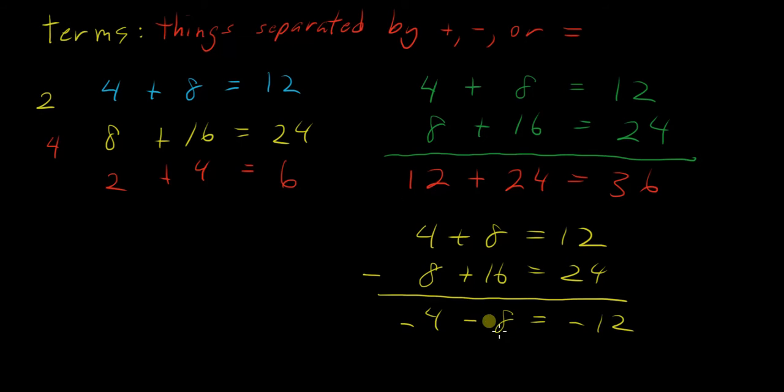Is this a true statement? Is negative 4 minus 8 equal to negative 12? Yes, it is. So what I want you to remember is you can take any equation in the world and you multiply or divide every term by any number you choose, and it's okay. You can also add any 2 equations or subtract any 2 equations, and that is okay.